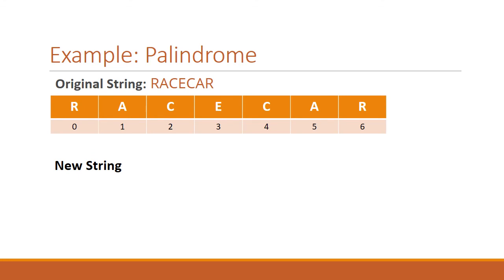Let's think about a strategy for determining if a string is a palindrome. One of the ways we could approach this is to process each character in the original string and append it onto the beginning of the new string, thus having the new string be a reverse of the original string.